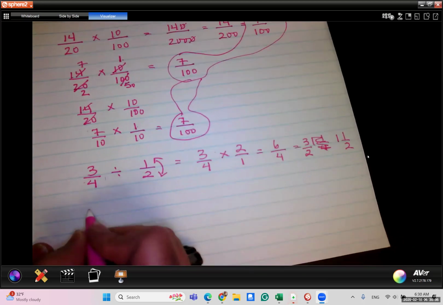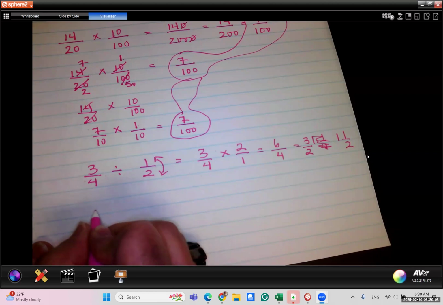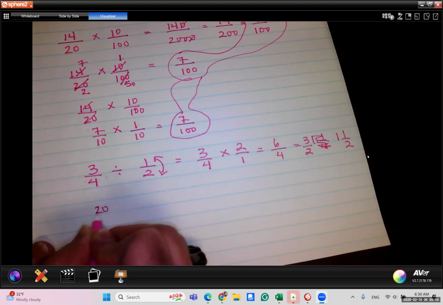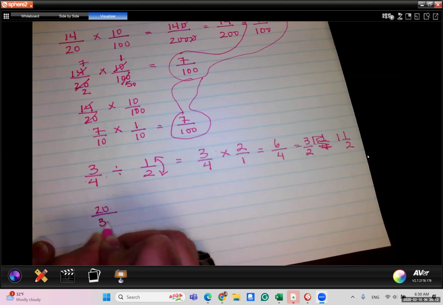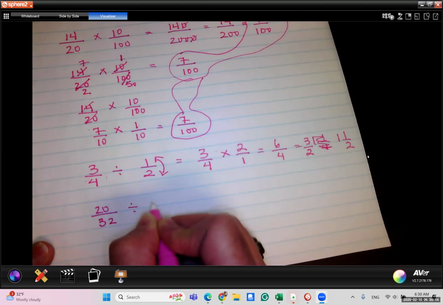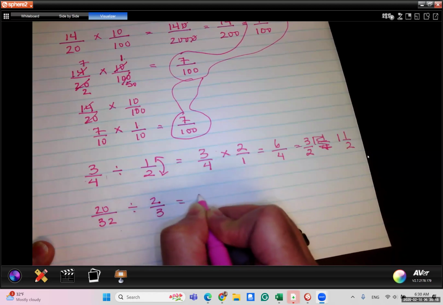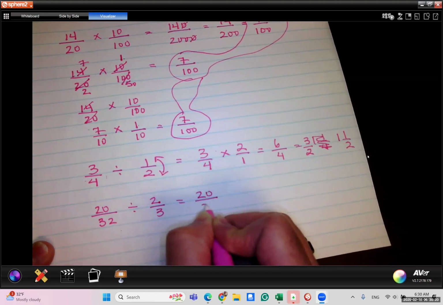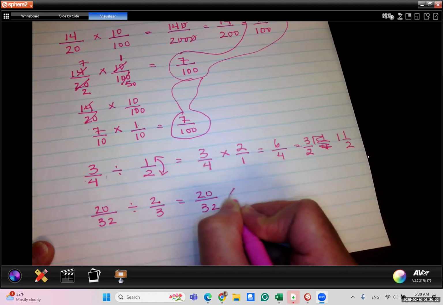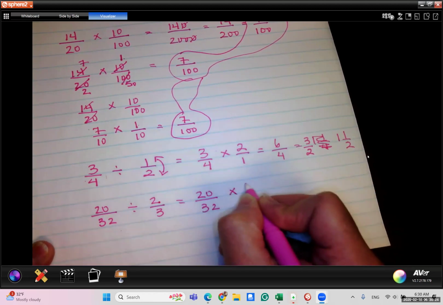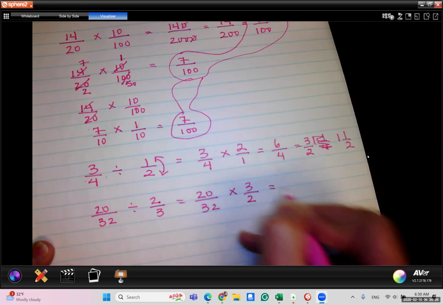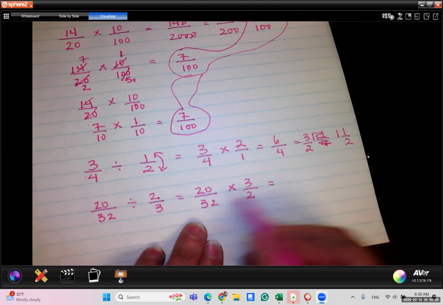Let's try a larger fraction, which is not as familiar. Let's try 20 over 32 divided by 2/3. So we're going to write the first one as it is. We're going to change the division sign to multiplication, and we're going to flip the second one. Now, again, we can multiply straight across.